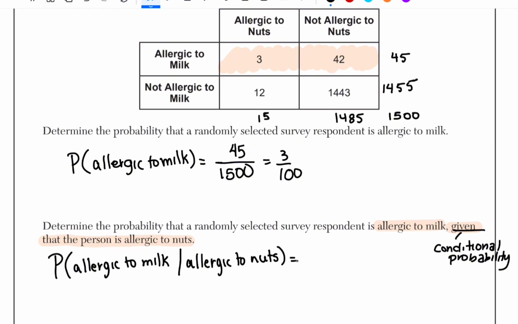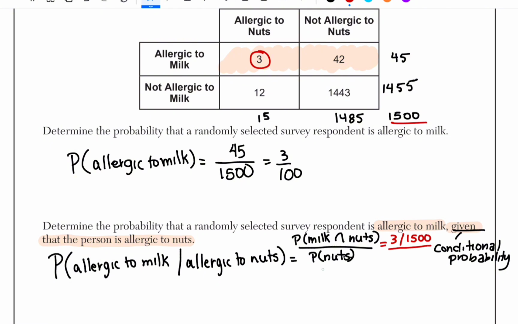And we know when we write our conditional probabilities, it's going to be the intersection. So I'm just going to put milk and nuts, they're allergic to both, over the probability of just being allergic to nuts. Okay, so the intersection over just the condition. And so when we go into our table, the probability that they're allergic to milk and allergic to nuts is 3 over 1,500.